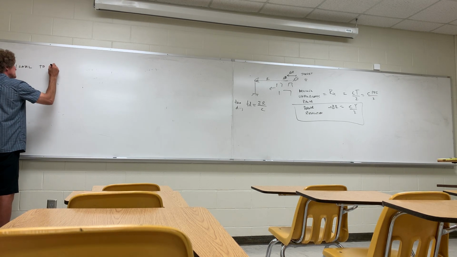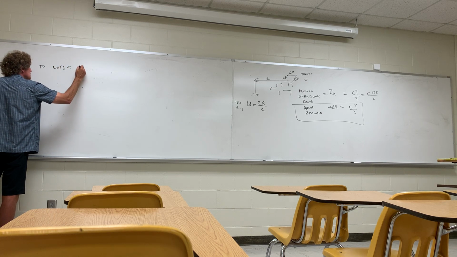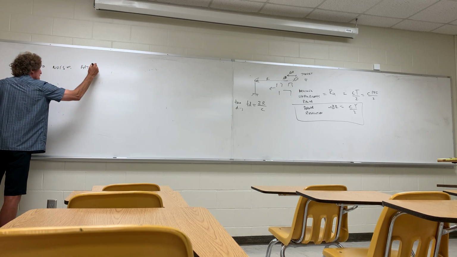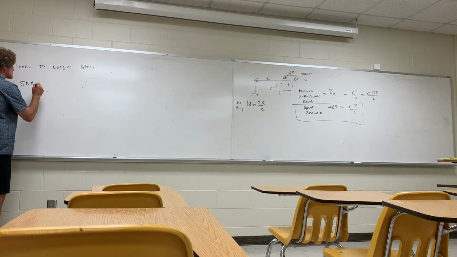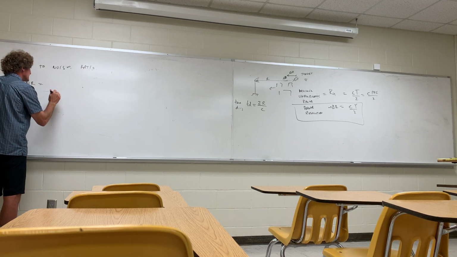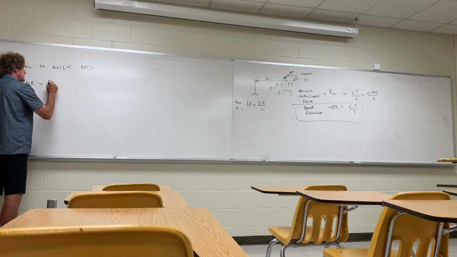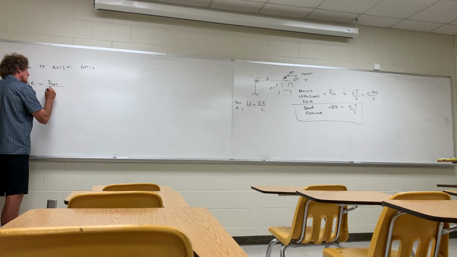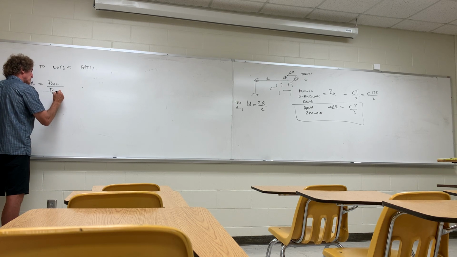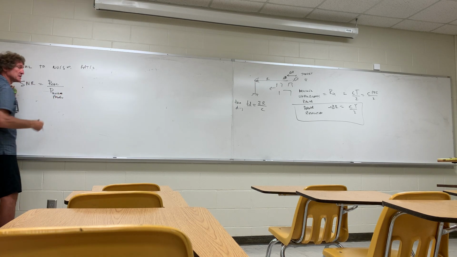So when you talk about signal to noise ratio, the symbol is SNR. And what it is really is this. It's the P received back for a single pulse, the power received back, over the noise power. That's all it is.